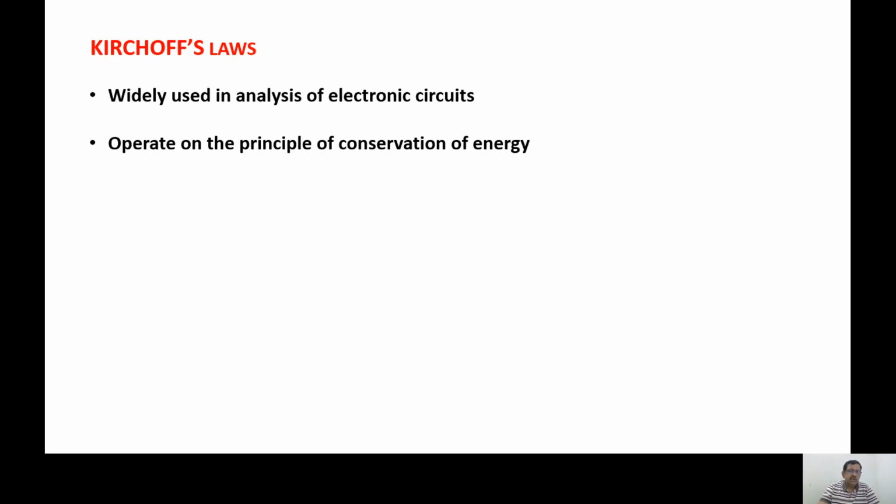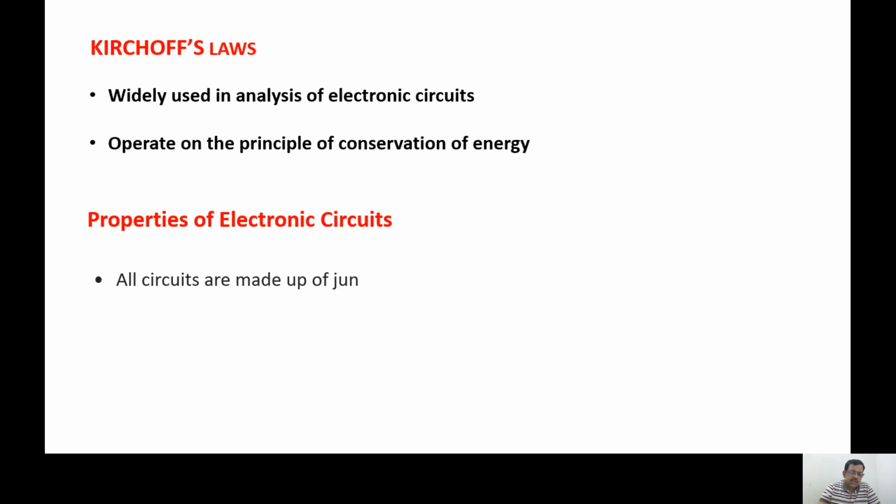Now, having said that, let us first look at some definitions, what we call properties of electronic circuits. Typically circuits are made up of junctions, and two types of junctions exist.